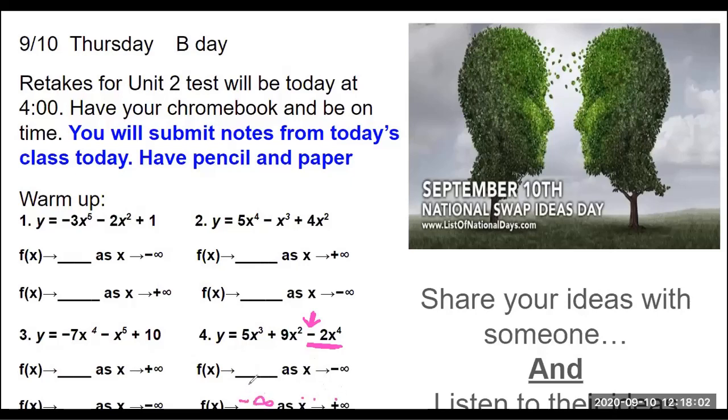That negative or positive sign only tells you what happens as the x's go up. The exponent tells you whether the other one is the same or different. If it's even, they're the same, and if it's odd, they're different. So in this case, it's even, so the other one also has to be negative infinity.